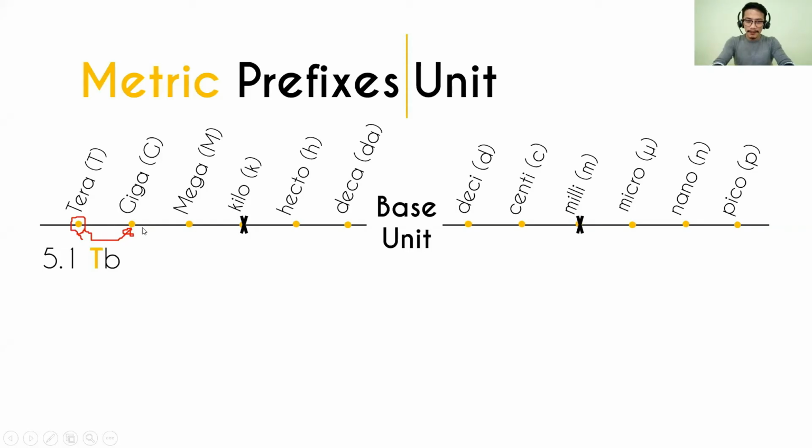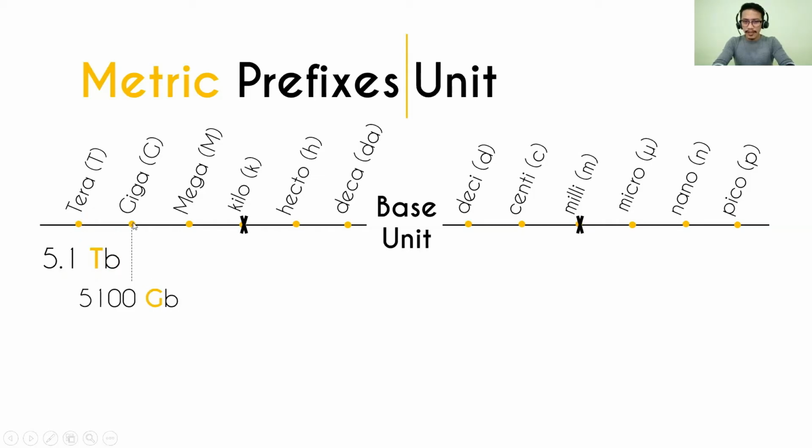From tera to giga, that's 3 movements to the right. Kasi papunta ka sa right. So just move 3 decimal places starting from the decimal point. 1, 2, 3. And then add 0, 0, 0.